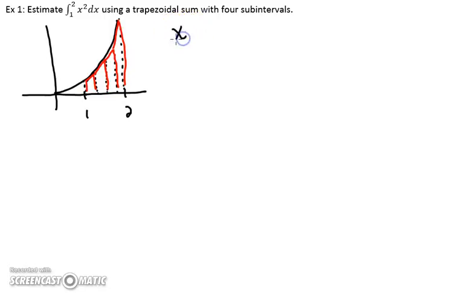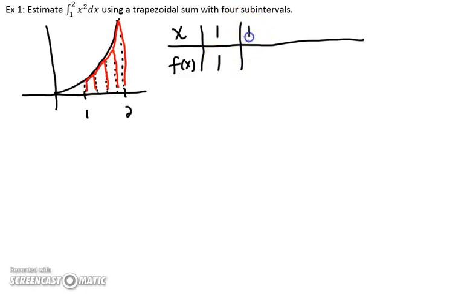So we're going to say x values, f of x, or y values, and we're going to start our area at 1. 1 squared is 1. We're going to go to 1.25, and I've already done the calculation for you. It's going to be 1.563.